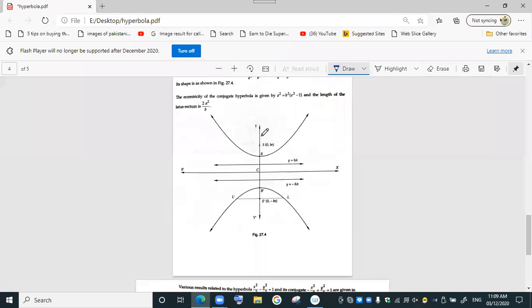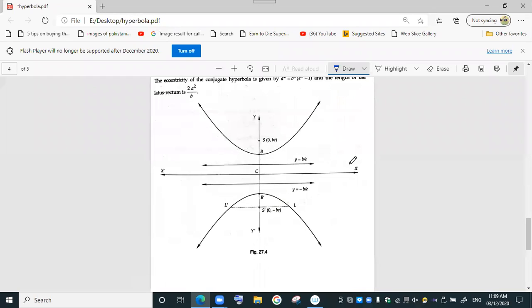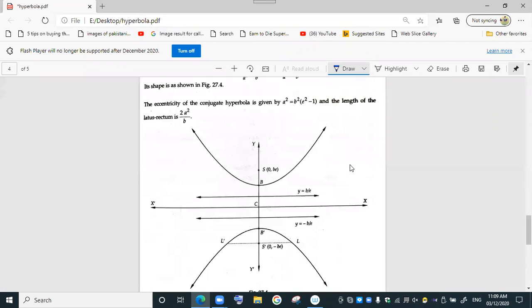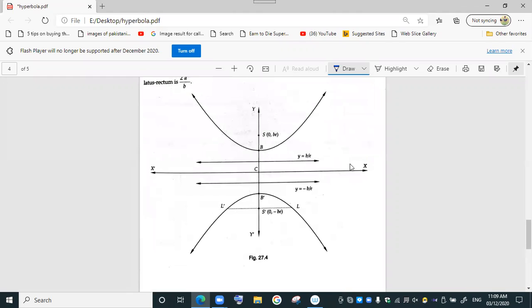That is, I mean to say, this is the conjugate axis and this is the transverse axis. The length of the transverse axis, this length, is b here and b here, that is 2b. So the length, if you consider length, is positive 2b.